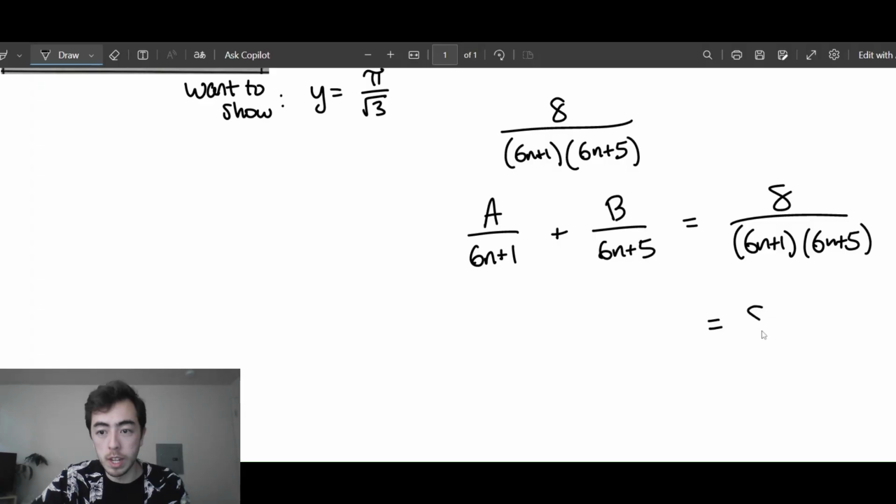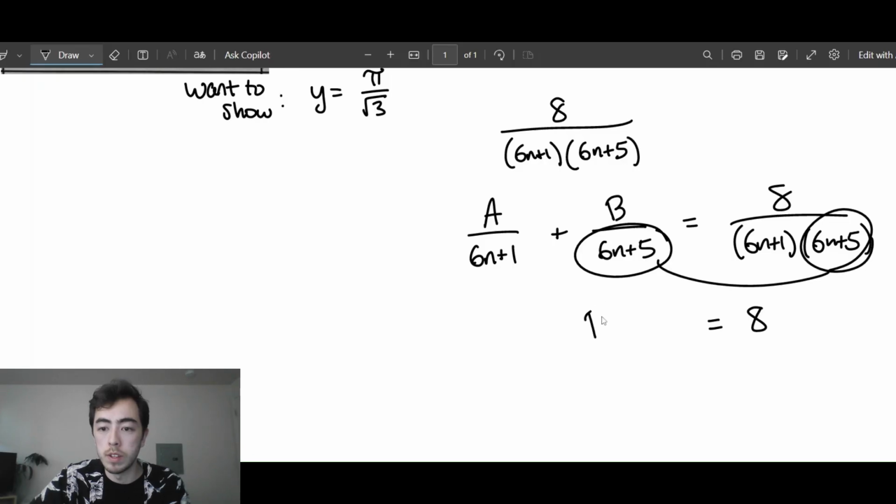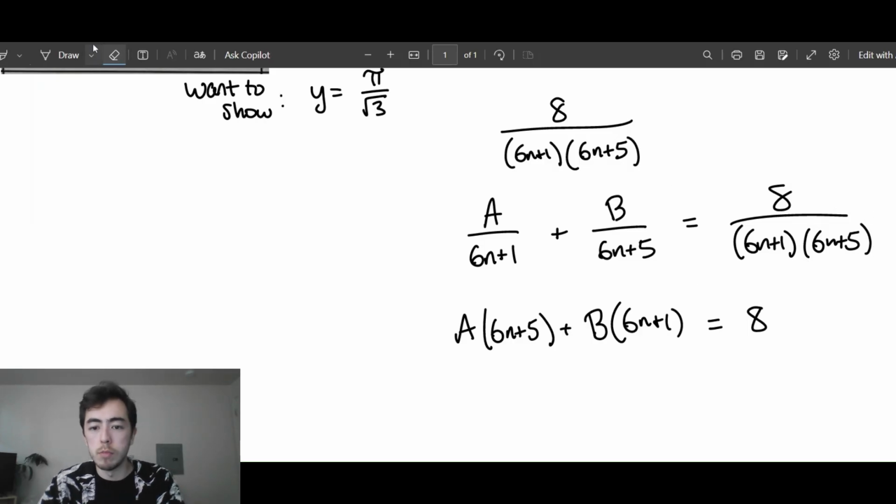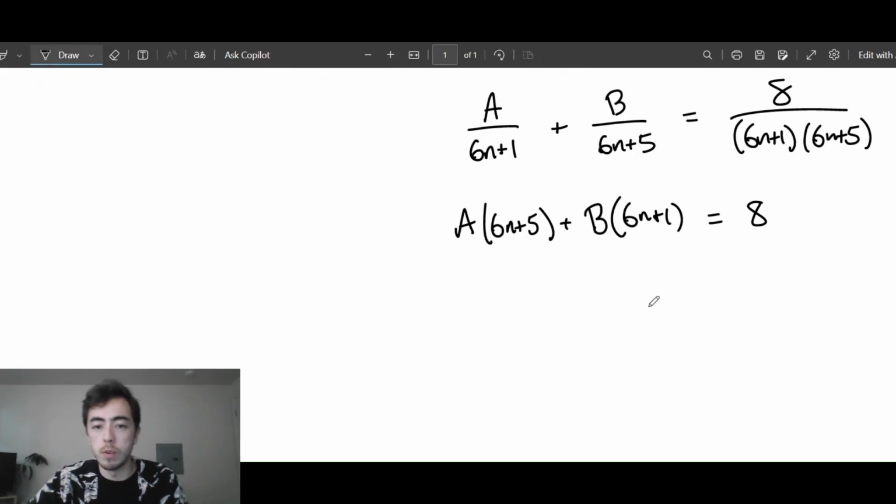There will just be an 8 on the right side. This factor will cancel with that one, and so we'll be left with a 6n plus 1 on the top. And then similar cancellations over here, we're going to be left with a 6n plus 5 over here. And then what do we do here? Maybe let's distribute some stuff and see what happens.